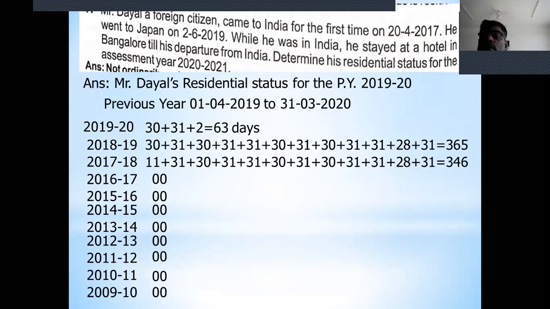Second part of that second rule is 365 days in 4 previous years: 1, 2, 3, 4. From these 4 years, he must be in India for 365 days. You see here, within 1 year, in 18-19, he is in India for 365 days. Therefore, he satisfies the second basic condition.